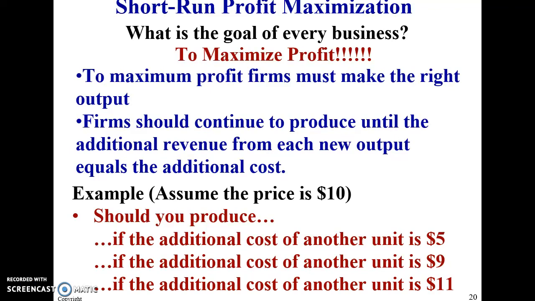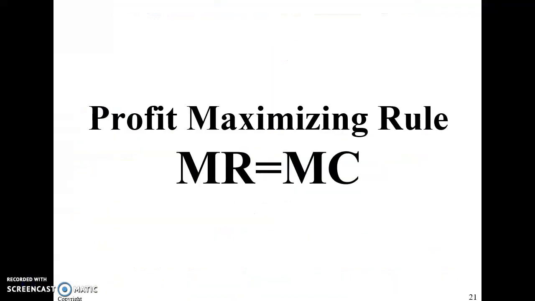Well, it makes sense that you would if the additional cost is 5, and you would if it was 9, but you wouldn't if it was 11, because if it's 11, it's costing you more to produce than you are bringing in revenue, which in this case is 10. So the profit maximizing rule, which you must memorize, but understand why it exists, is marginal revenue equals marginal cost. And this is an important rule.